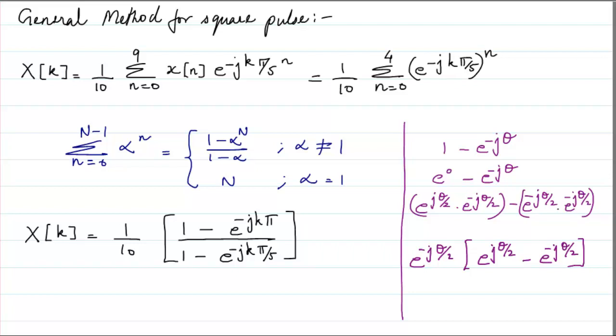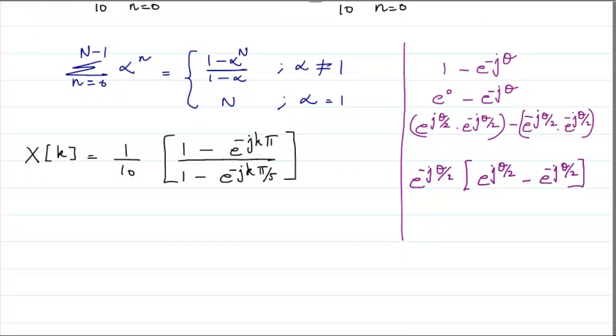And with that, see here, I can divide this by 2j and multiply it with 2j. When I divide it by 2j, this whole function is Euler's relation. You remember that e raised to power j theta minus e raised to power minus j theta divided by 2j is basically sine of theta.